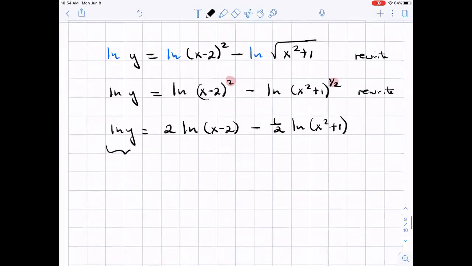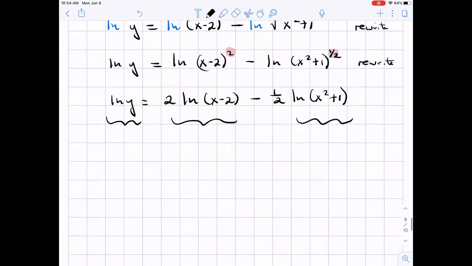And now we take the derivative of each one of these. Remember the derivative of ln of u is u prime over u.